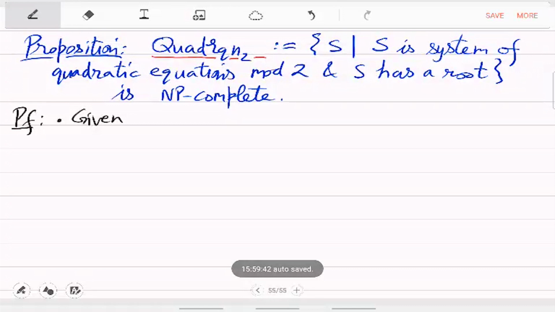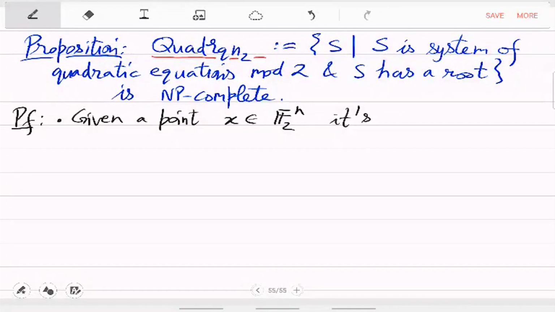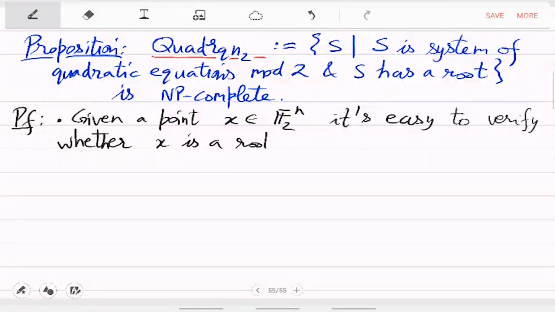So given a point x in this finite field of 2 elements, F_2^n, given this 0, 1 point, it's easy to verify whether x is a root of S.